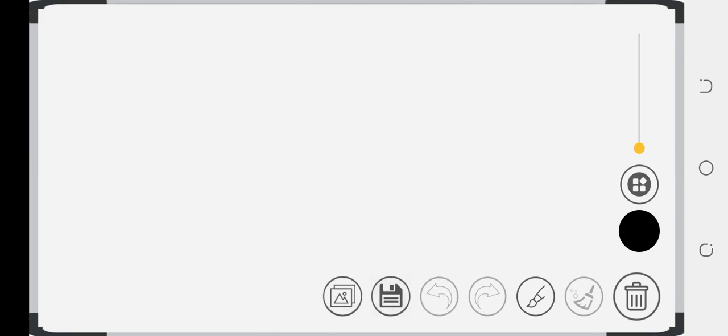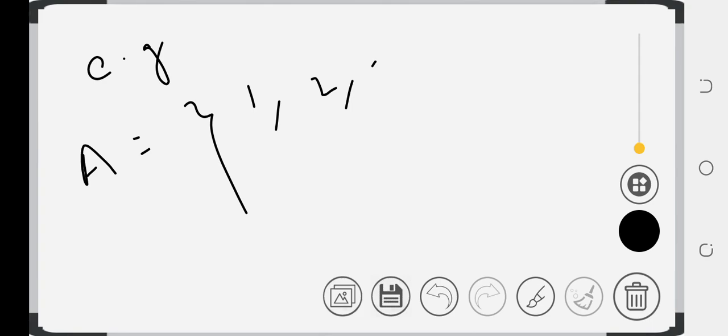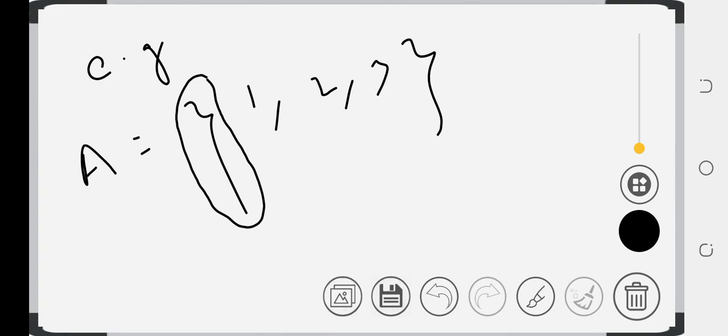Now, an example of a finite set: let A be the set {1, 2, 3}. Note that a set is written with these brackets, or braces, curly brackets.